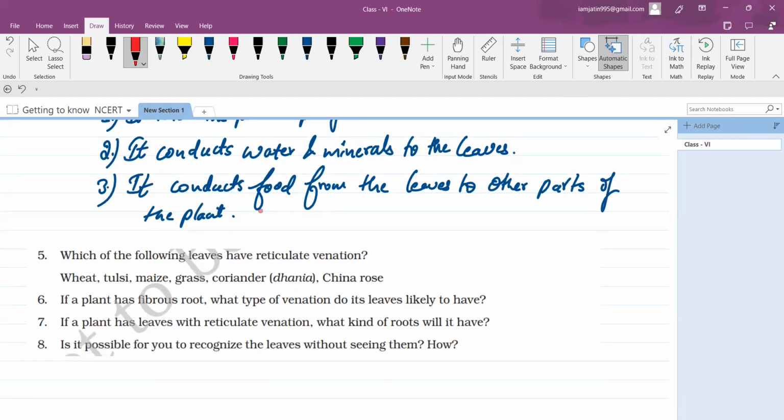So reticulate venation is shown by the leaves of tulsi. It is also shown by the coriander.